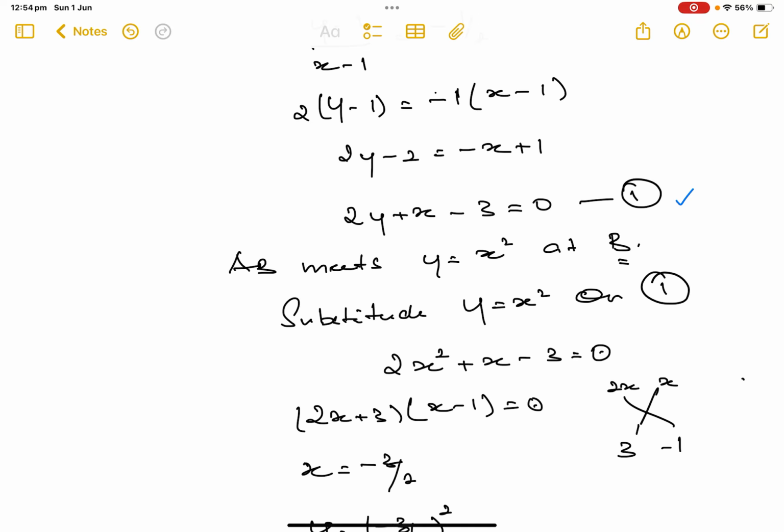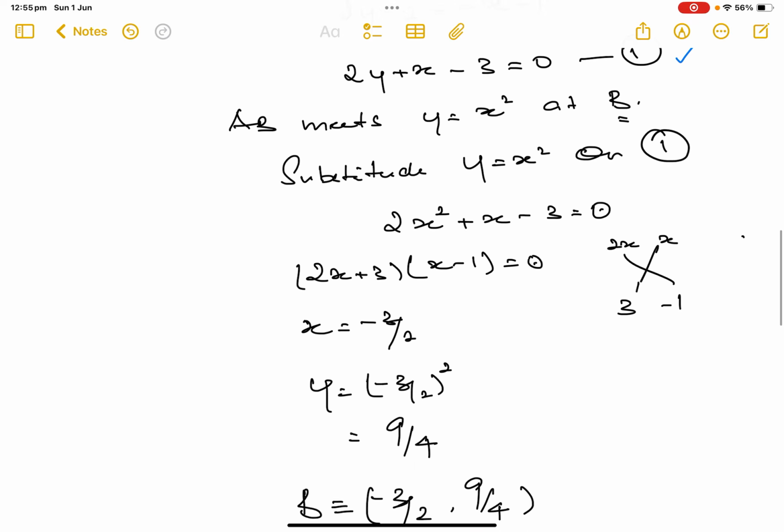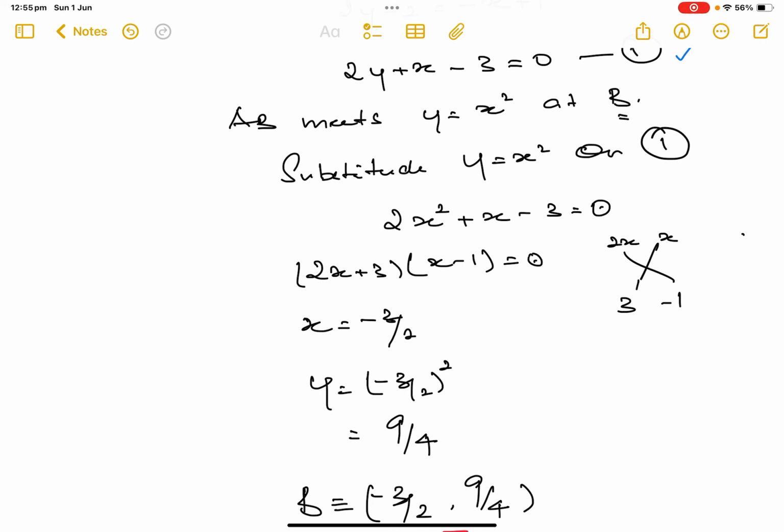So we need to find B. The line AB cuts the curve again, so B should satisfy both the equation of AB as well as the curve. AB meets y equals x squared at B, so substitute y equals x squared into equation 1, because the point should satisfy both equations. That gives us 2x squared plus x minus 3 equals 0.